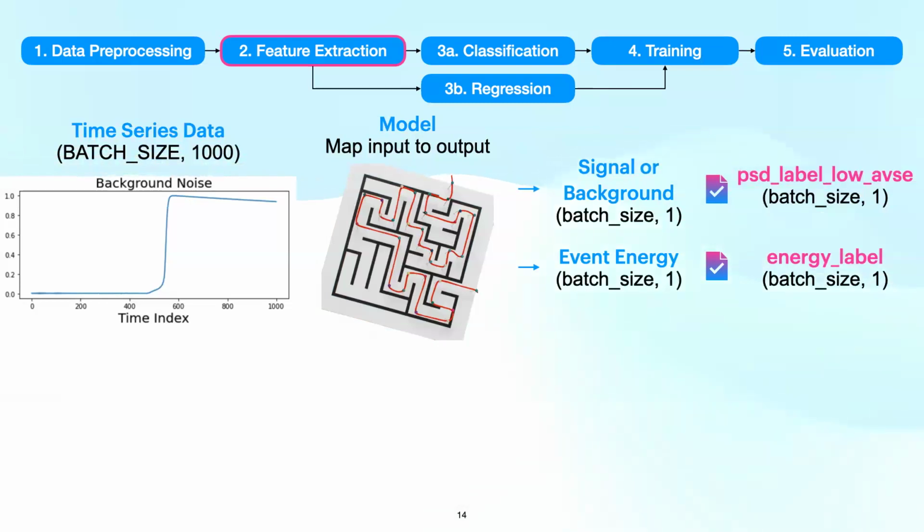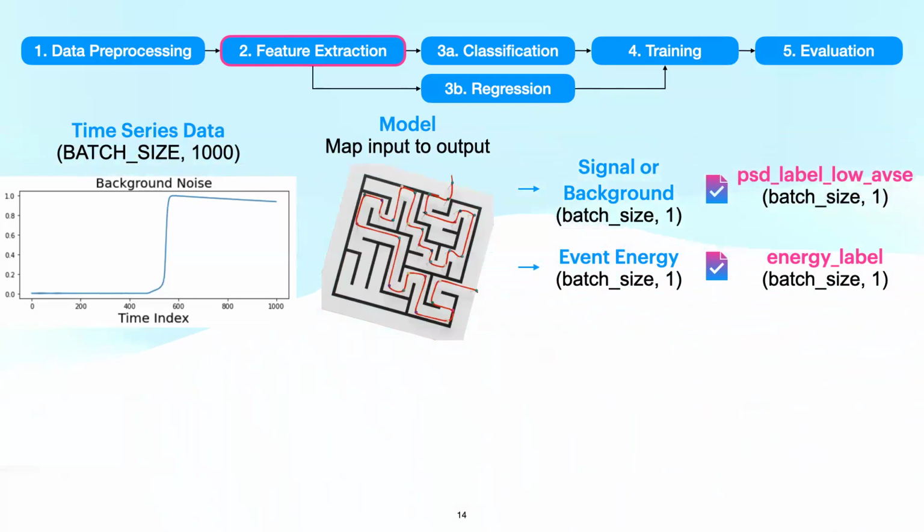For example, if I want to do signal versus background classification, then I want to output something like batch size by 1. And this 1 is my classification score. This score should reproduce our label to the best of its capability, right? Remember, our PSD label is just a value of either 1 or 0. So I want my score to be as close to my PSD label as possible.